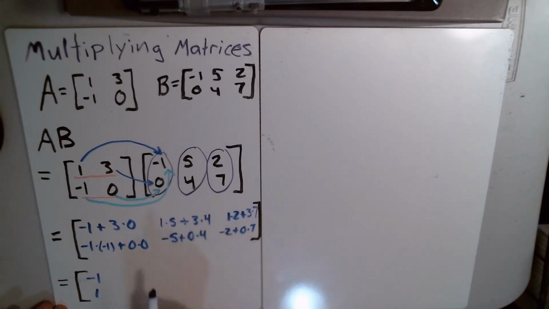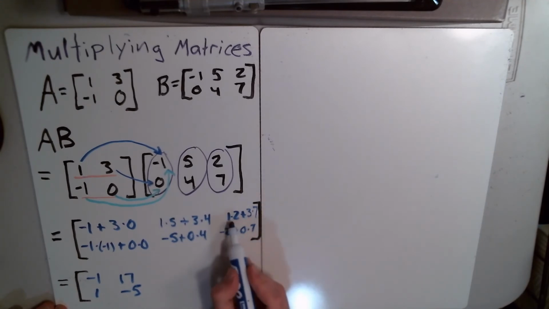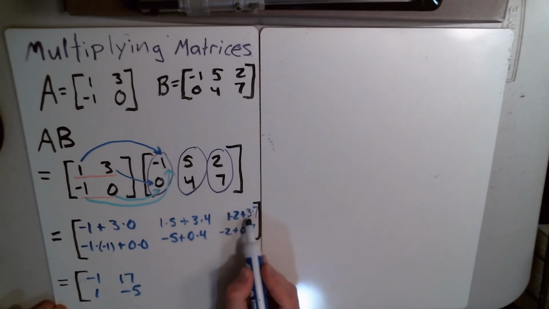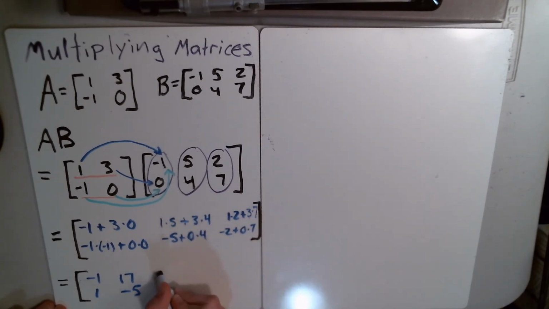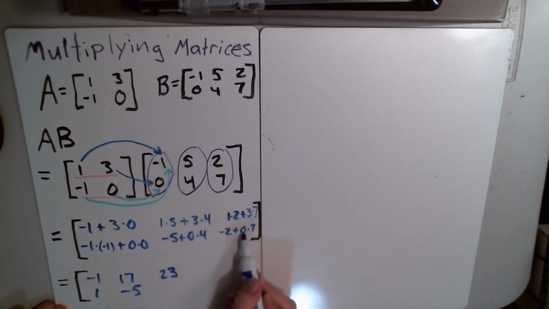So 5 plus 12 is 17. -5 plus 0 times 4 is -5. 1 times 2 is 2, plus 3 times 7. 3 times 7 is 21, so 21 plus 2 is 23. Negative 2 plus 0 times 7. 0 times 7 is 0, so just negative 2.